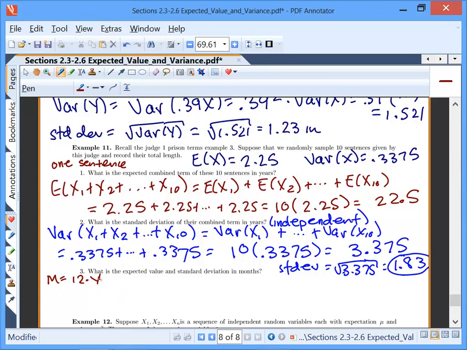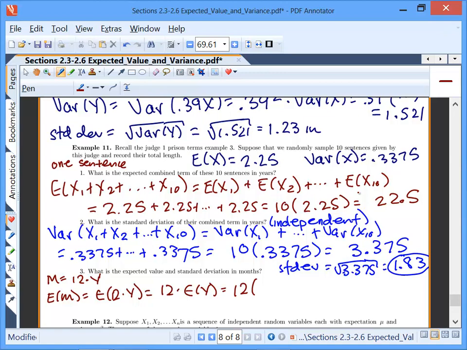So if I want the expected value for months, this is the expected value of 12 times years. And what happens to that 12? It just comes out. So 12 times my expected value that I found for my y, which was my total length.